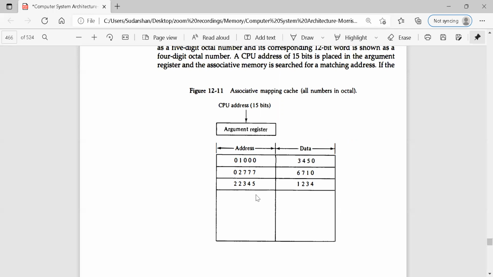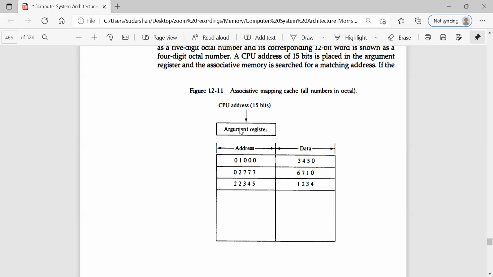Let me explain the process behind this methodology. The CPU address is 15 bits, as I want to get the content of the location, which is a 15-bit address. Therefore, the CPU places it in the argument register. And your cache memory is going to contain a pair, namely the address and the corresponding data. So assume it is 01000, the octal equivalent of a 15-bit binary address.